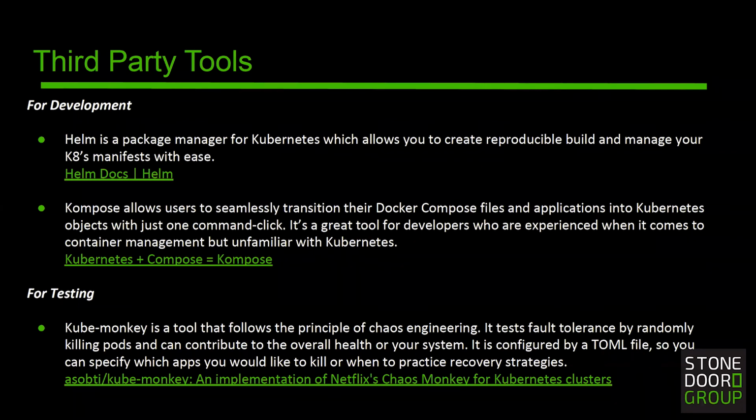So that's a great tool for developers who are experienced when it comes to container management, but you don't know Kubernetes very well. And then the last up is for testing, and this would be KubeMonkey, right? So that's a tool that follows the principle of chaos engineering and tests fault tolerance by randomly killing pods, okay?